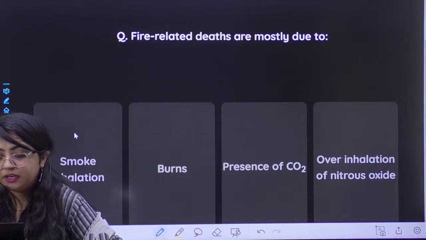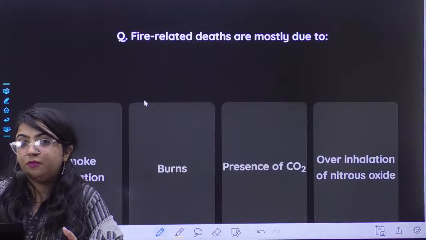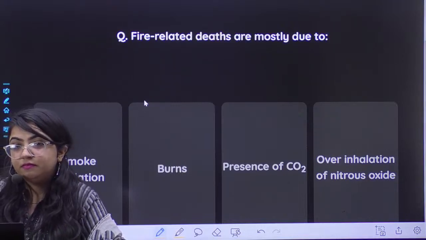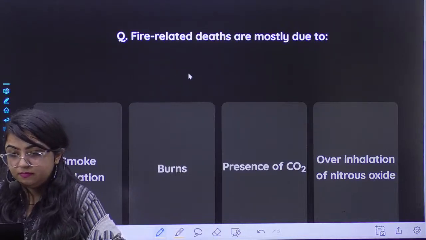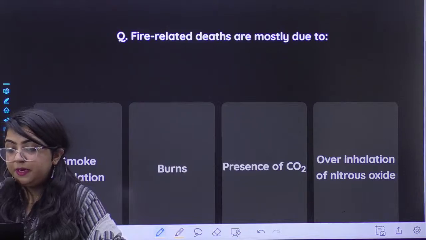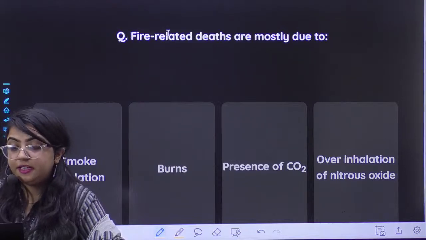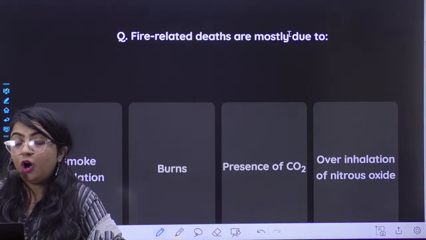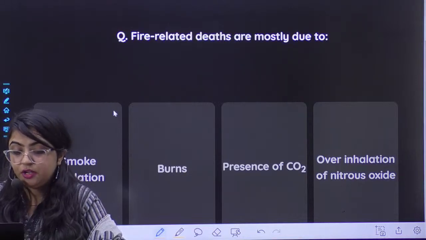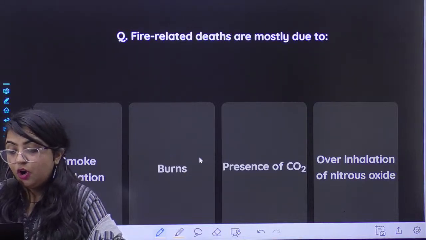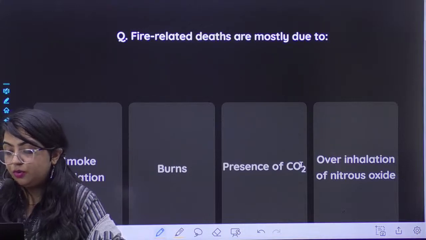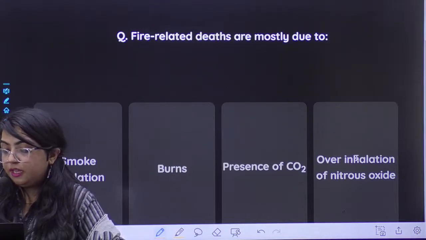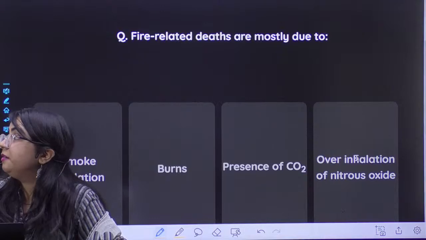Please choose the correct option or the most appropriate one. I'm repeating it. Fire-related deaths are mostly due to option A, smoke inhalation, option B, burns, option C, presence of CO2, and option D is over-inhalation of nitrous oxide.